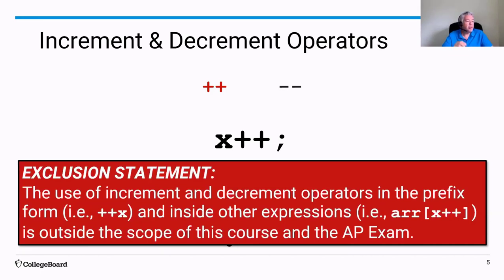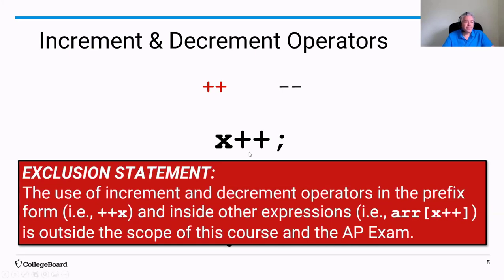There is a specific exclusion statement that says the use of the increment and decrement operators in the prefix form, for example plus plus X, or inside other expressions, like down the road when we get to arrays and using X plus plus inside the square brackets, is outside the scope of this course. That's not part of the AP subset. So there will never be a time when you are required to use the prefix form of the increment or decrement operator on the AP exam. I'll leave it for you to explore the difference outside of this video, and we're going to continue to move on.